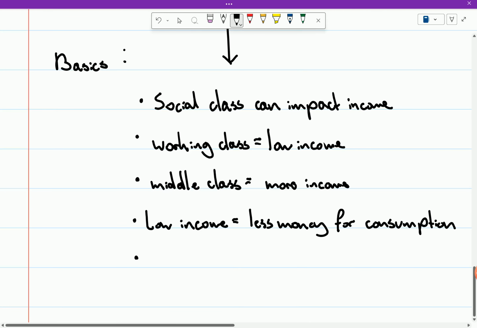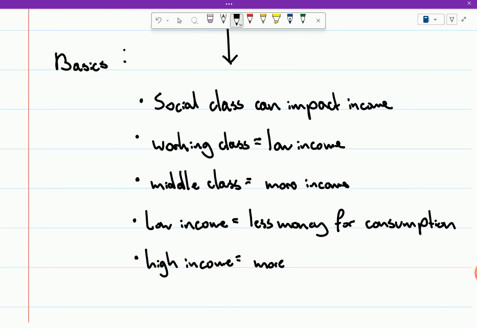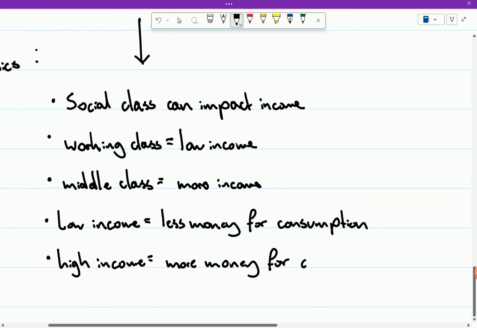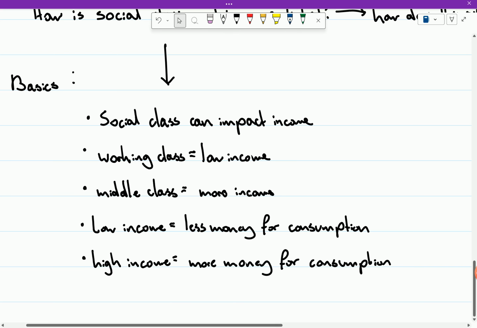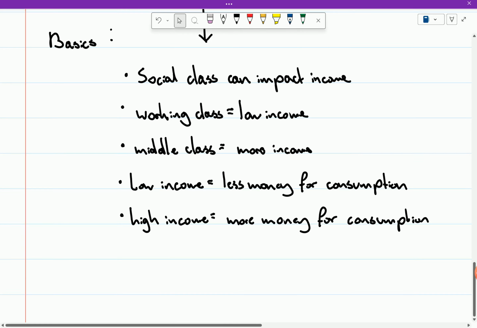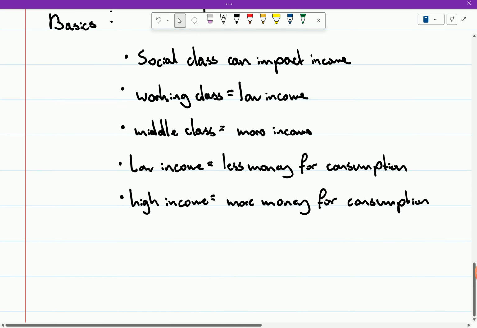And then, again, conversely, high income is going to mean more money for consumption. I know this might look very repetitive, and you might be thinking to yourself, obviously, this makes sense, but we need to set that foundation so we can go more in depth and apply our sociological knowledge.